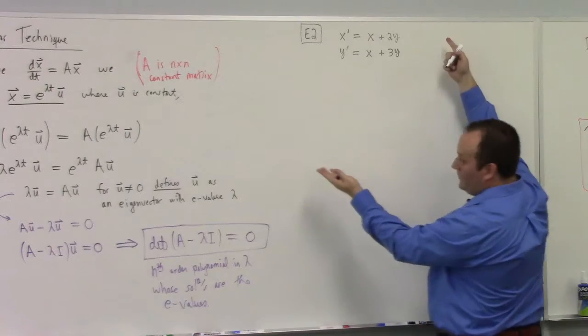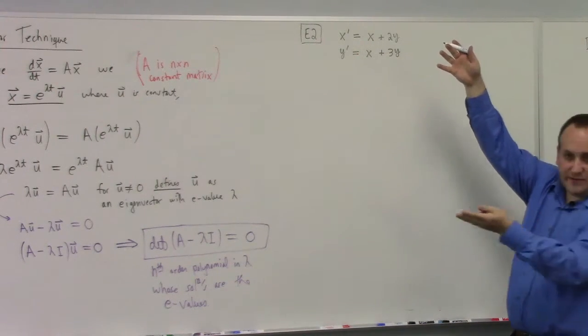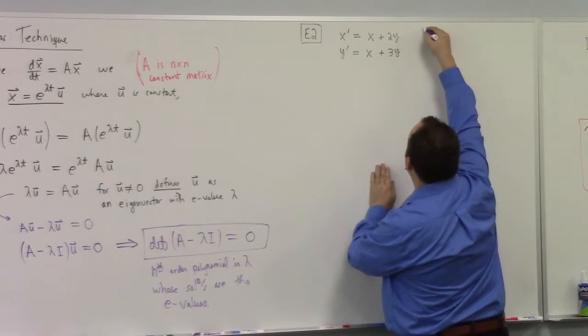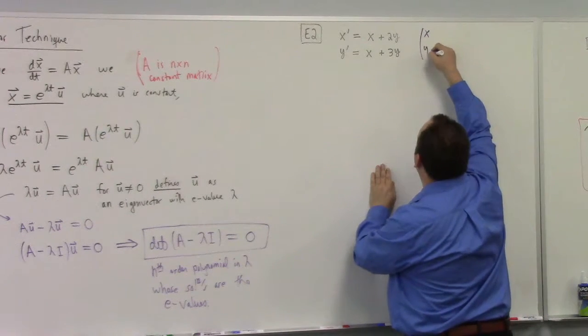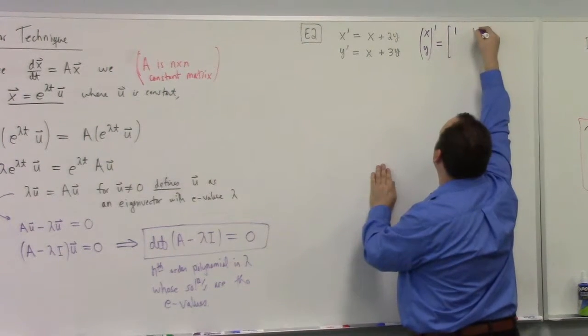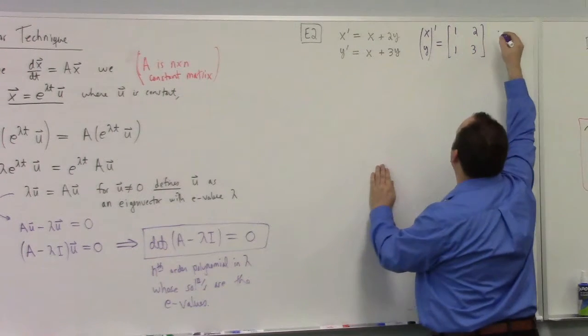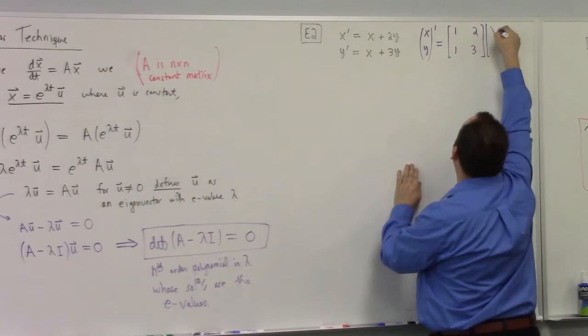So that's the scalar system, right? Our first job here is to convert to a matrix problem. Not much to do here. [x', y'] equals the matrix [1, 2; 1, 3] times [x, y].